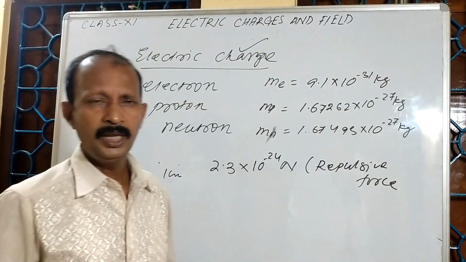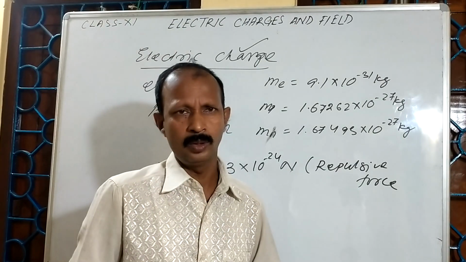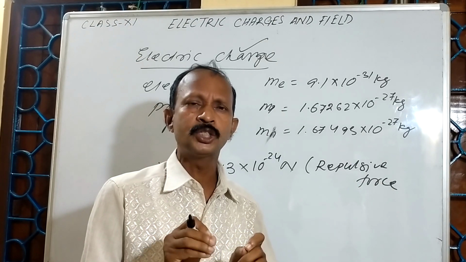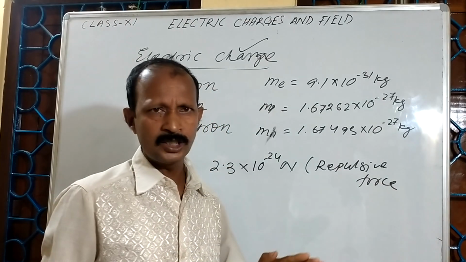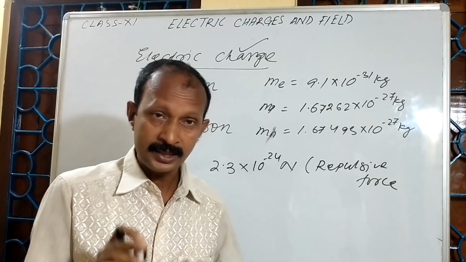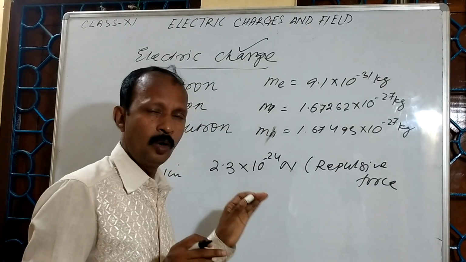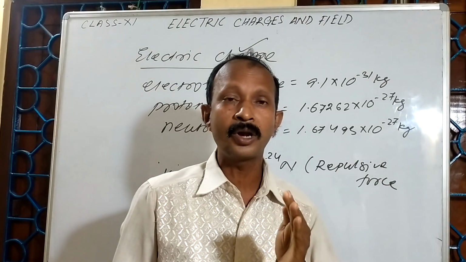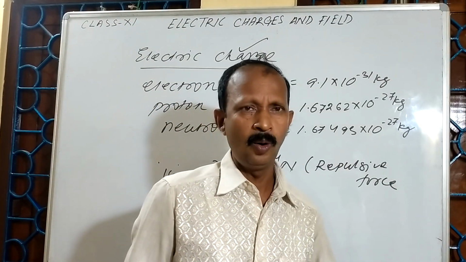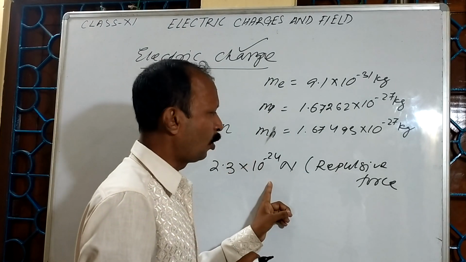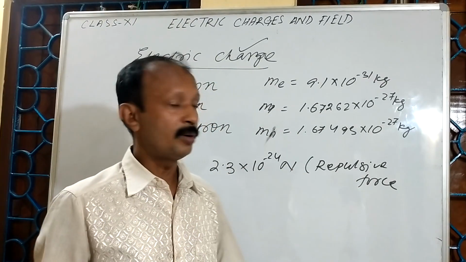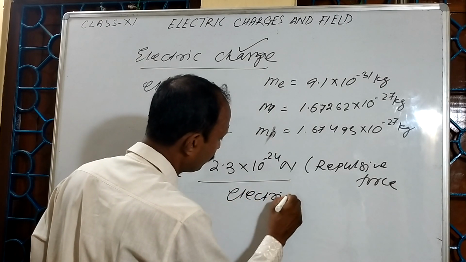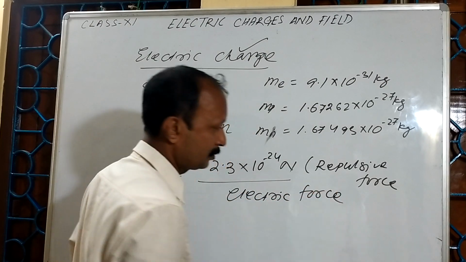But if two electrons are very close, definitely there will be a repulsion between them. That repulsive force, if the distance is 1 centimeter, is 2.3 into 10 to the power minus 24 Newton. And this force is far more than the gravitational force. This force is nothing but the electric force.